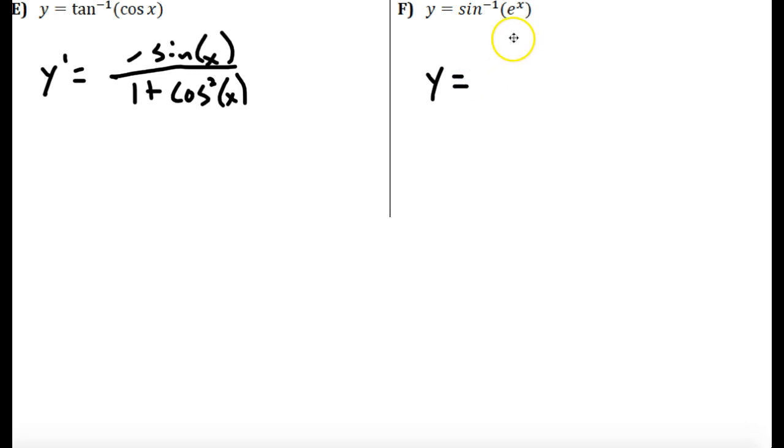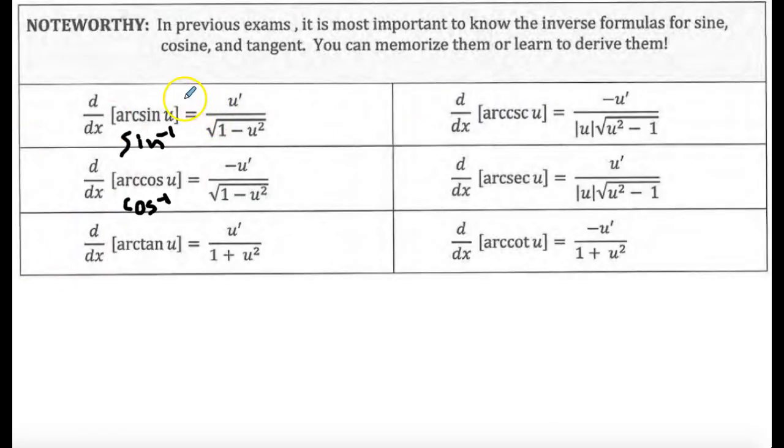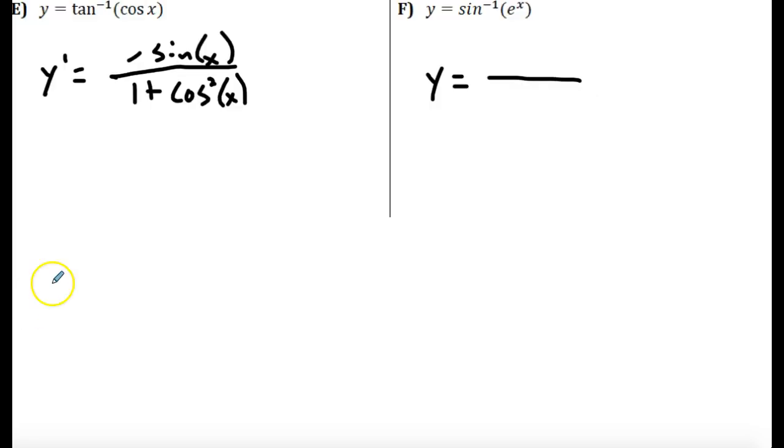Okay, well, if I want this derivative, again, our derivative for inverse sine is u prime over the square root of 1 minus u squared. So u prime, the derivative of the inside, is just e to the x, right, over the square root of 1 minus e to the x squared.